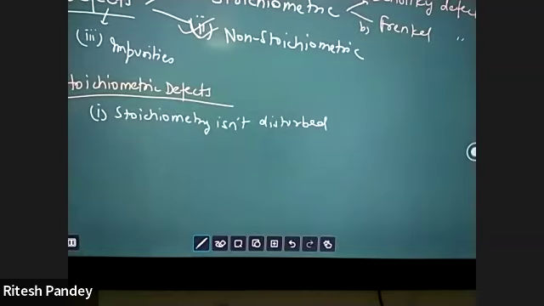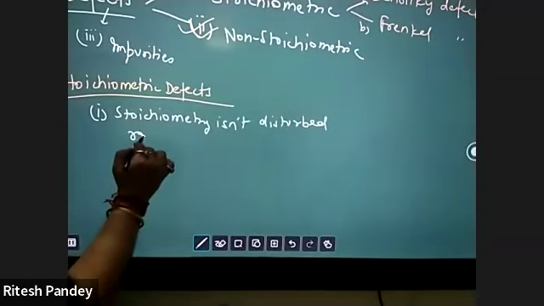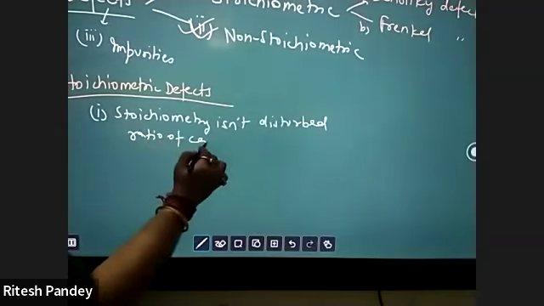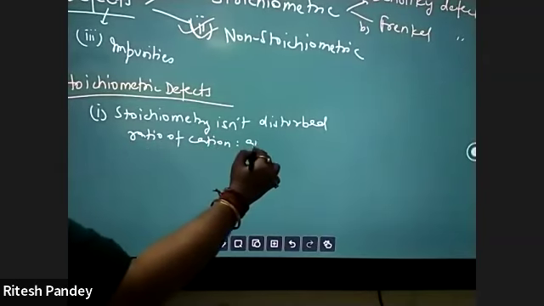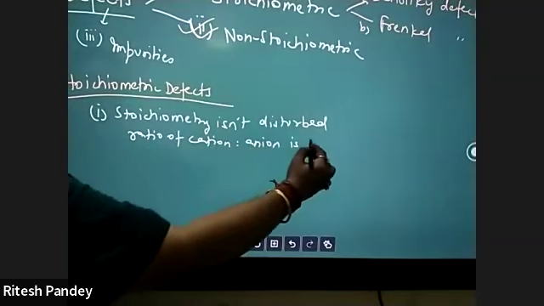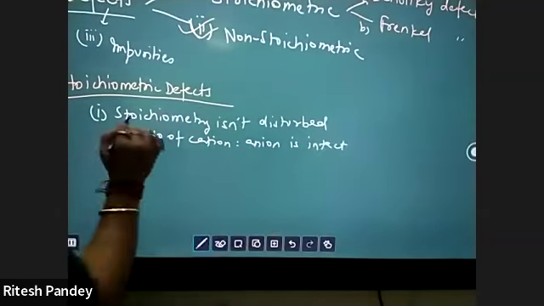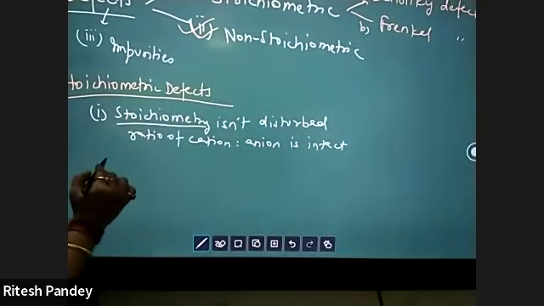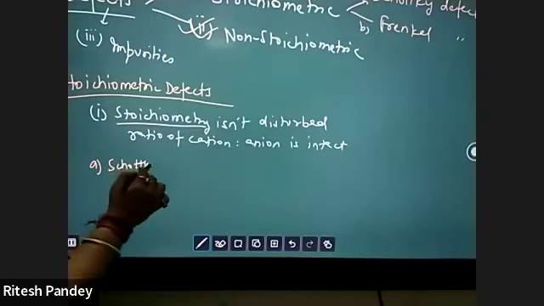Now stoichiometry isn't disturbed means the ratio of cation versus anion is intact. So basically the stoichiometry of the formula remains the same. And as I told you, the two prominent ones being Schottky and Frenkel.